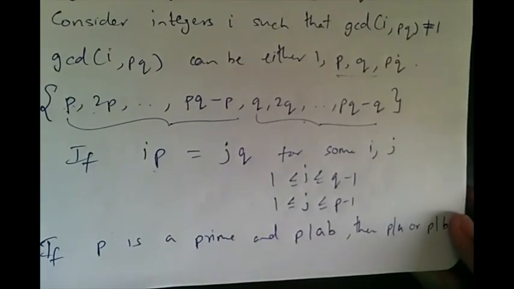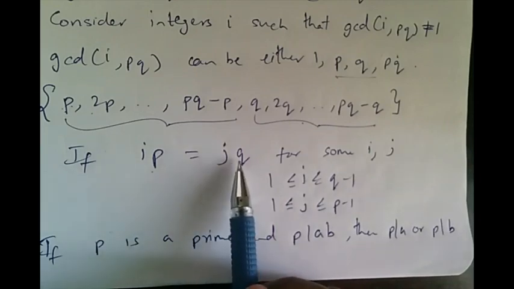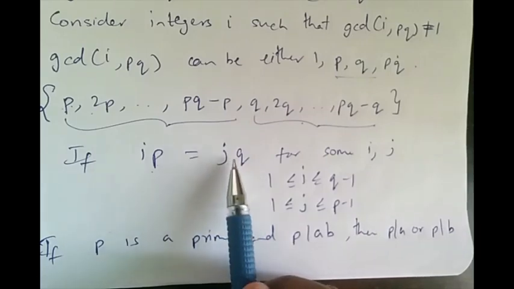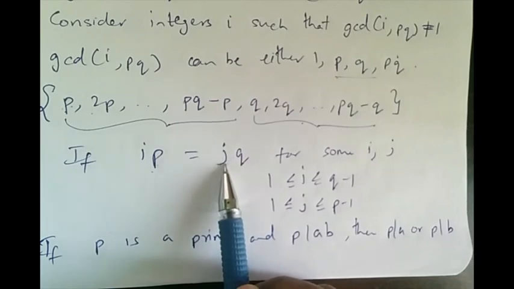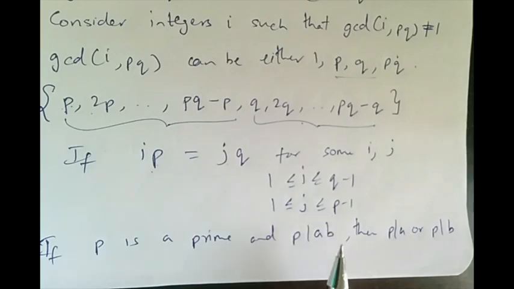And here, if IP is equal to JQ, then by definition P divides JQ. But P and Q are distinct primes, so P cannot divide Q. So P must divide J. But J was in the range 1 to P minus 1, so that's not possible. So we get a contradiction.